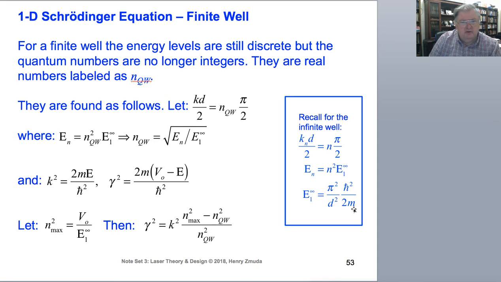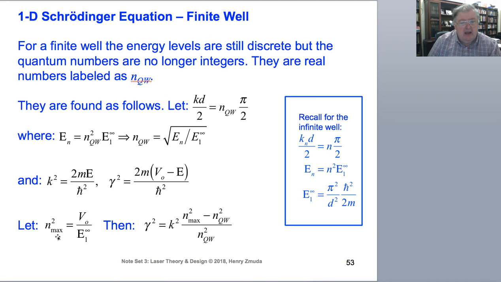If we were in the conduction band, that would be the effective mass of the electron; if we were concerning ourselves with the valence band, that would be the effective mass of a hole. Usually in the laser business, if you do a good job designing the conduction band, the valence band takes care of itself, and that's pretty much what we're going to do. We'll design properly a laser for a deep enough well in the conduction band, and I'll show you more specific results on that as we go on.